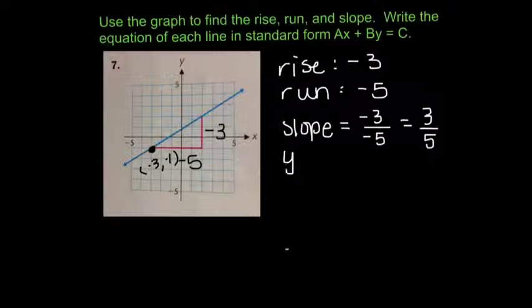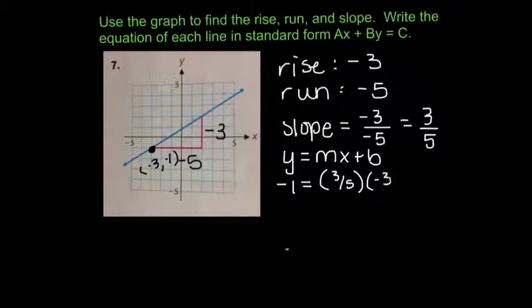So if I use the equation y equals mx plus b, I know the x and y coordinates of my point are -3 and -1. I can fill those in for x and y. I know the slope is 3/5, so I can fill that in for m. That would give me -1 equals 3/5 for m times -3 for x plus b.